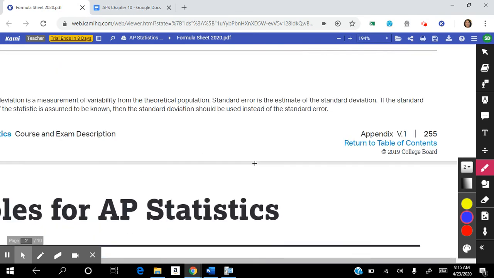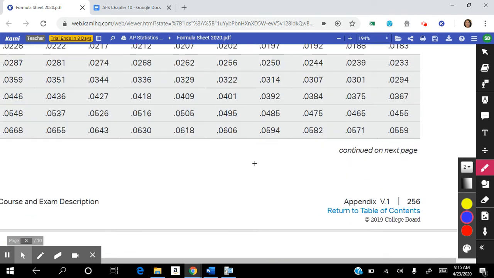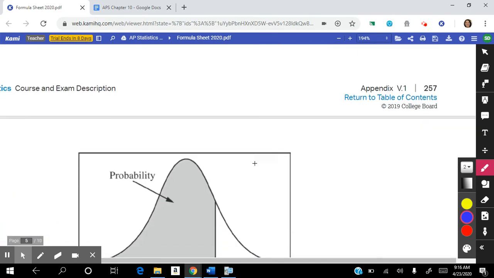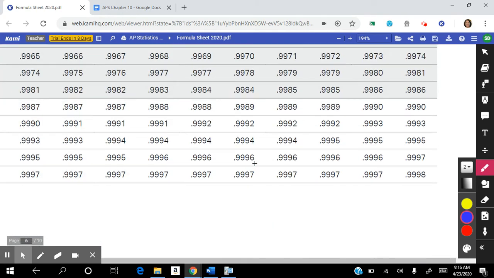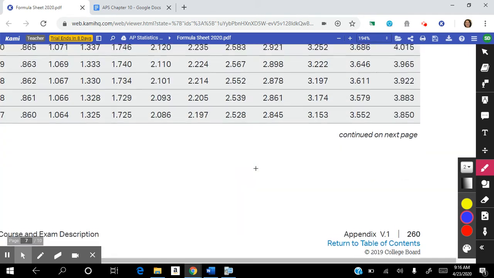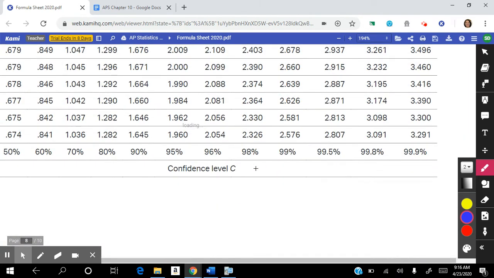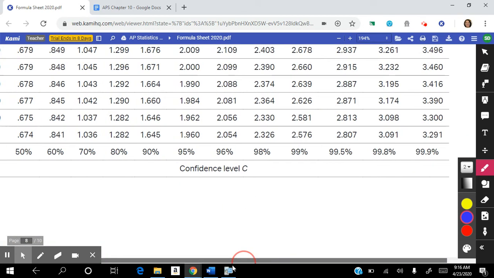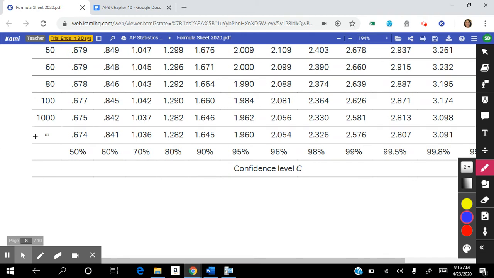We can go find z star on our formula sheet. If you go to table B, the t table, and if you go all the way to the very last row of the t table, see where it says infinity? This last row, these are all z stars. So we're doing 90%. So our z star for 90% is 1.645.